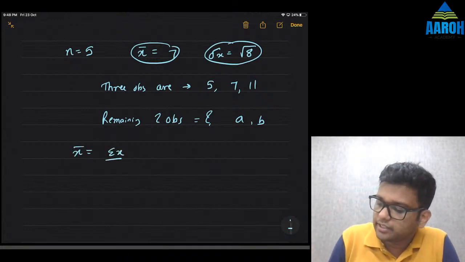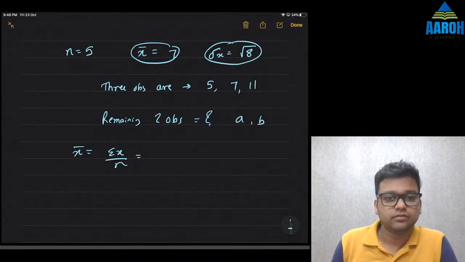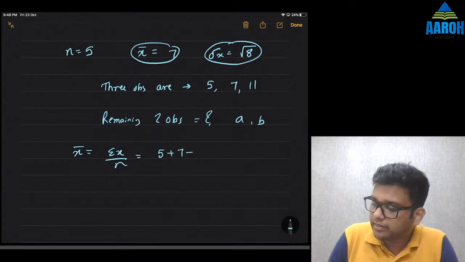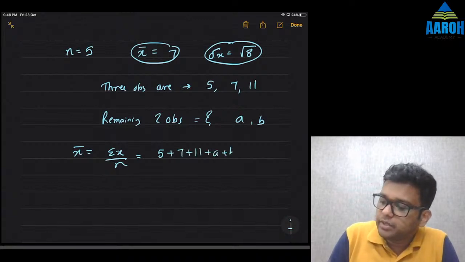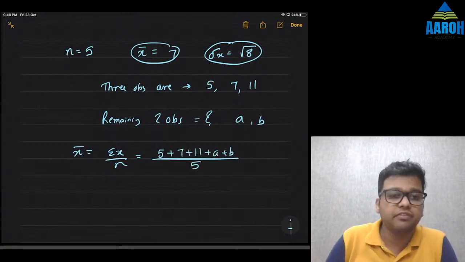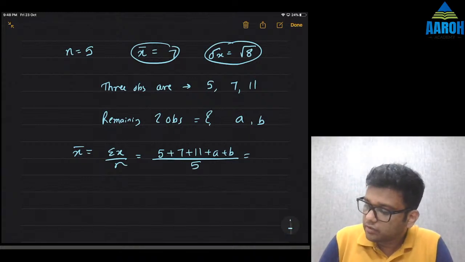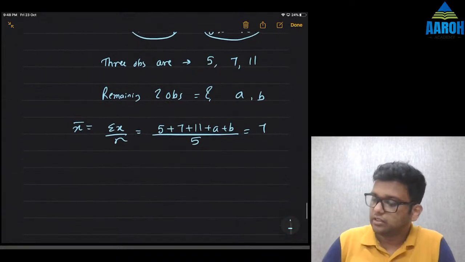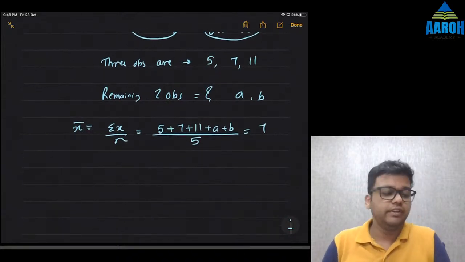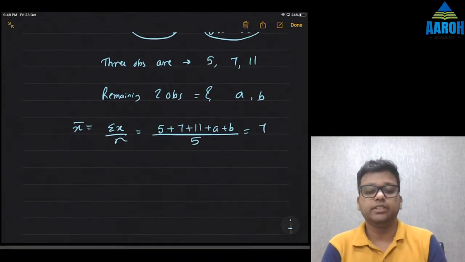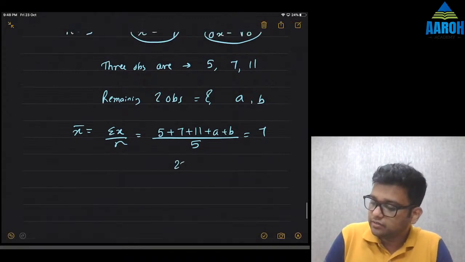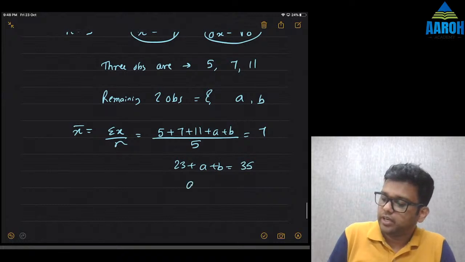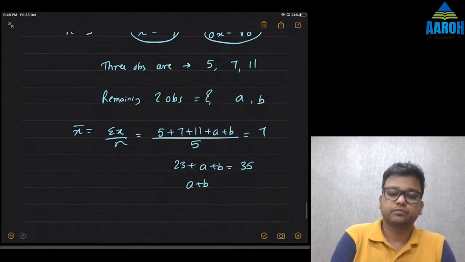X bar is summation x upon n. Summation x will be what? Sum of all values. So 5 plus 7 plus 11 plus a plus b upon 5, 5 observations are there, is equal to x bar. X bar is given as 7, right? So if we rearrange this, we get 5 plus 7 plus 11, that is 23, plus a plus b is equal to 35. So a plus b is what? 12.